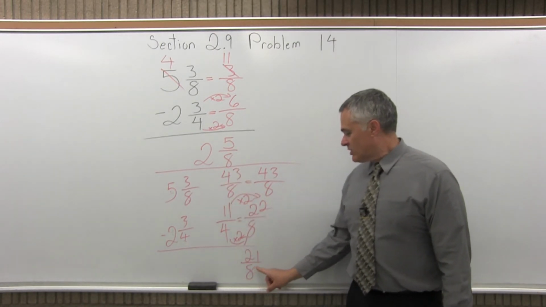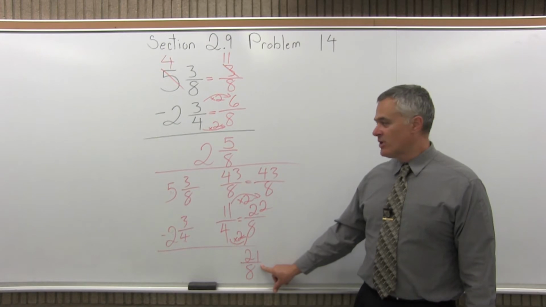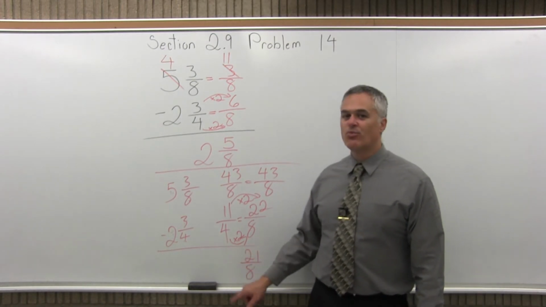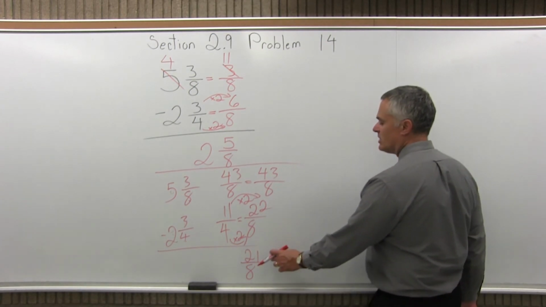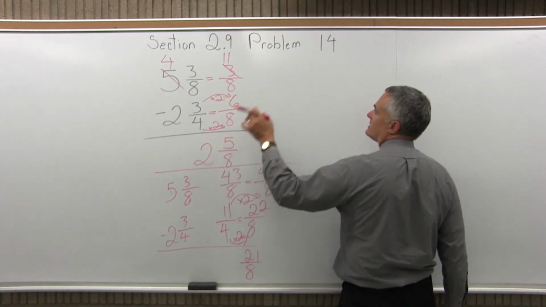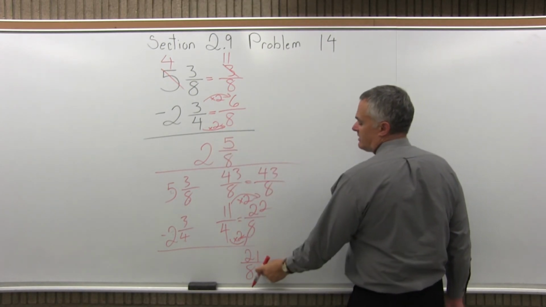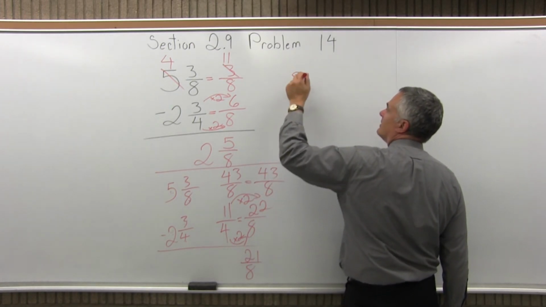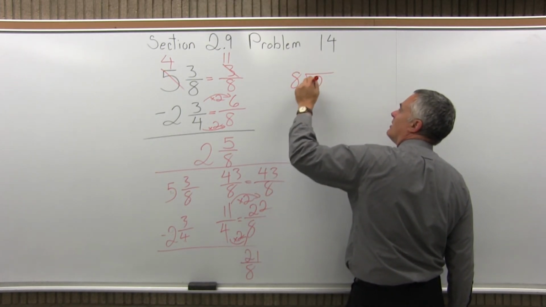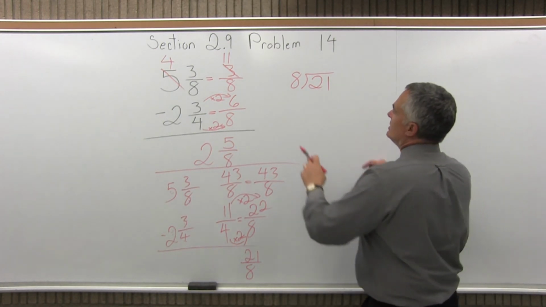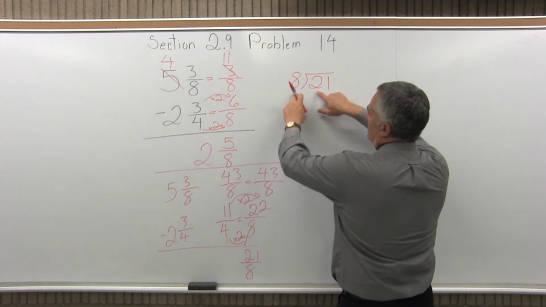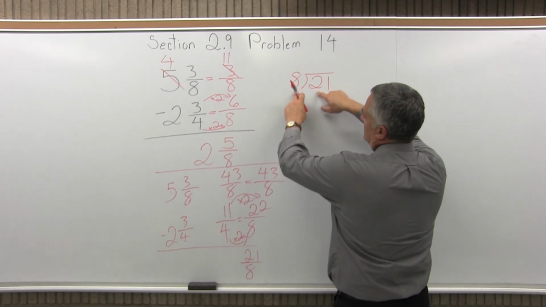Now, if I convert the 21 over 8 to a mixed number, a number with a fraction, instead of this improper fraction, it should come out the same. So 21 over 8, let's convert it, see if it comes out to 2 5/8. Take the denominator of 8, divide it into the numerator of 21. Find the remainder. So 8 divides into 21 three times, a little too big. 3 times 8 is 24.